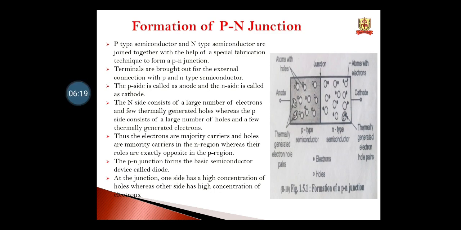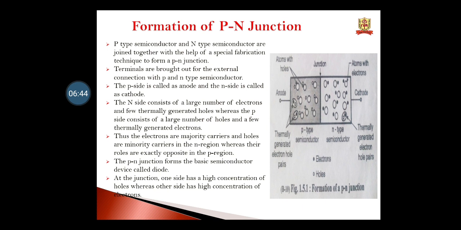Okay, now we will try to understand how the PN junction layer, or depletion layer, is formed when P type and N type semiconductors are constructed together. Here you can see in the figure a P type semiconductor and an N type semiconductor.